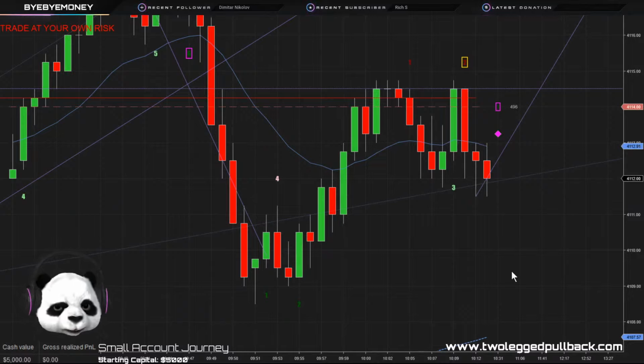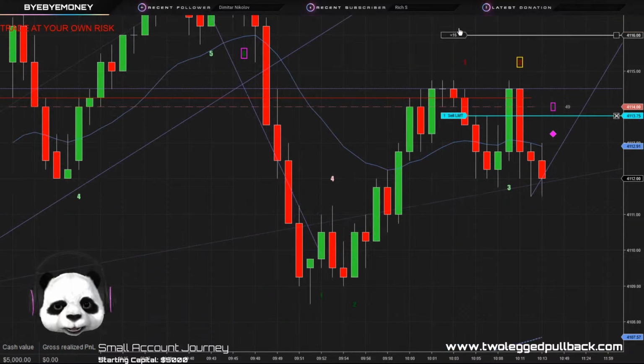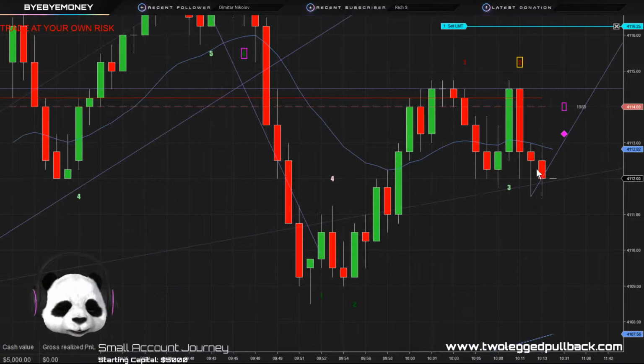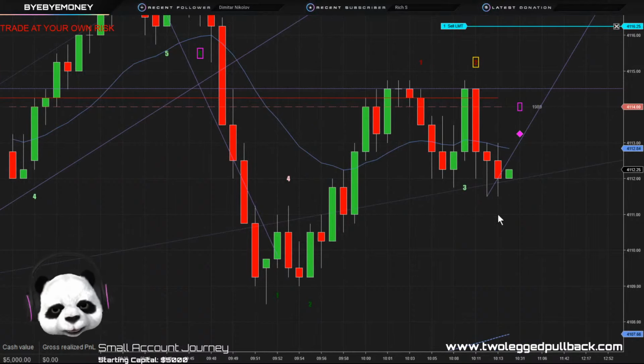These wicks are killing me right now. Trading range wicks. If this gives me a pretty bearish bar, I'll try to get in. But let's see how this bar ends. Basically doji.